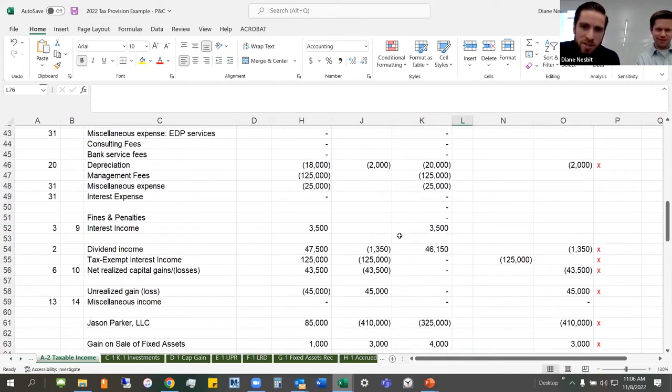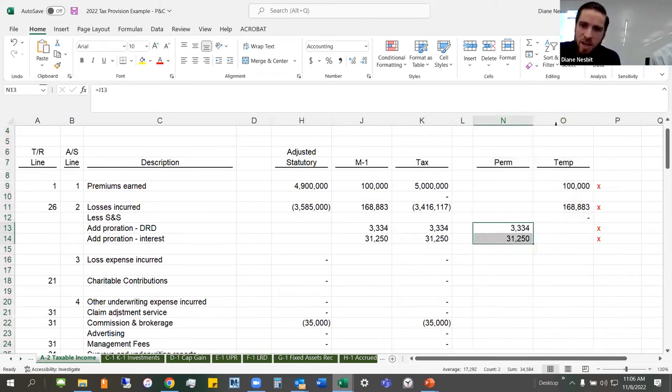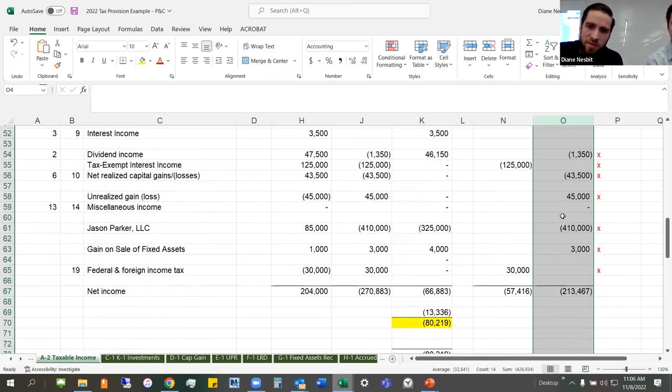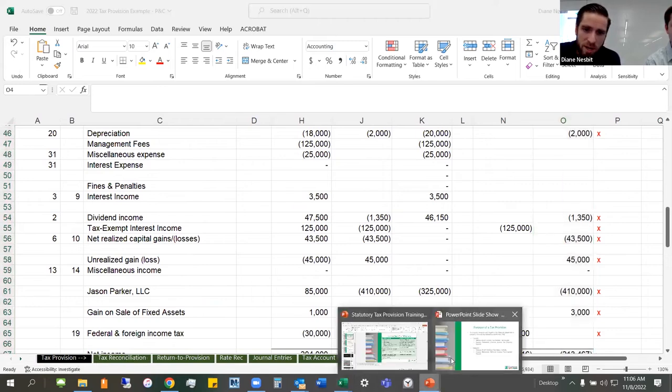Now, in these columns, we've identified which ones are permanent, and with permanent differences you don't do anything with deferred tax assets or liabilities. These don't impact that at all. And then we've identified the ones that are temporary, the ones that do have differences. Going back to this tab, we've done steps 1 and 2, and now we're moving on to step 3.